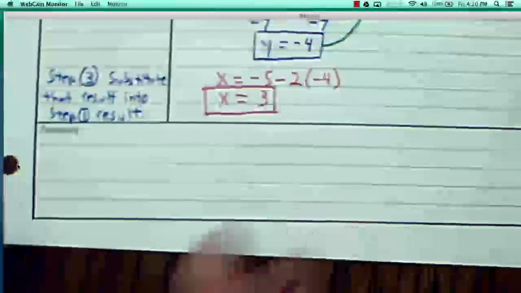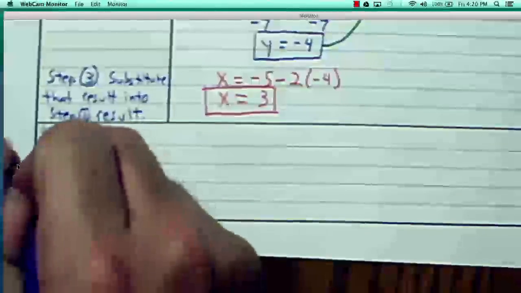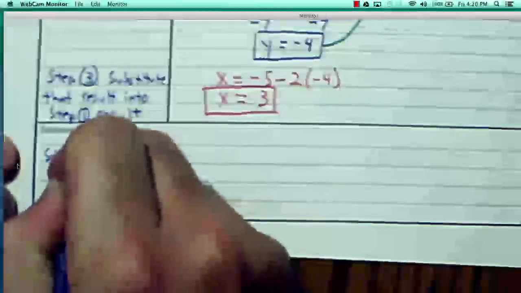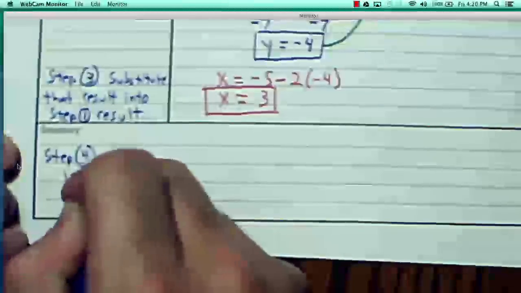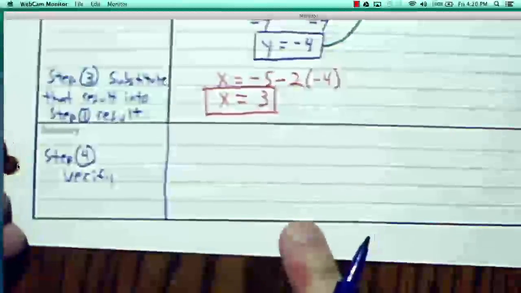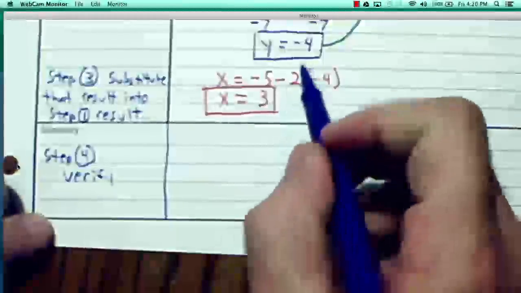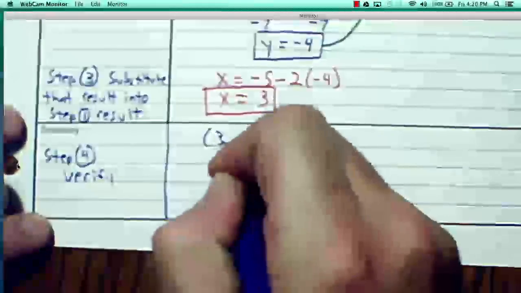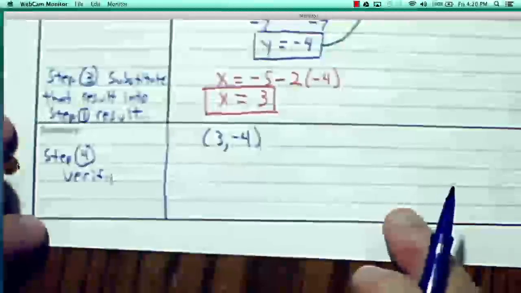Last step, step 4, verify. So I'm going to take my solution, which is 3, negative 4, and substitute it into both original equations.